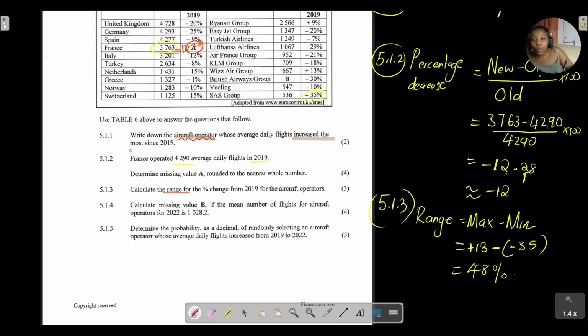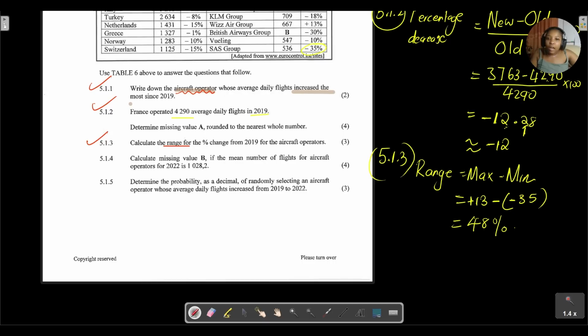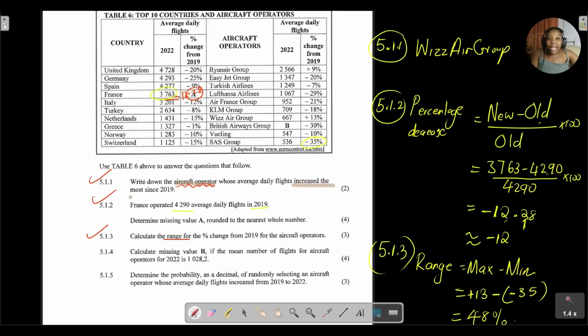Good. Question 5.1.4 says calculate the missing value B, if the mean number of flights for aircraft operators is 1028.2. So remember here, we just need to know how do we calculate the mean?